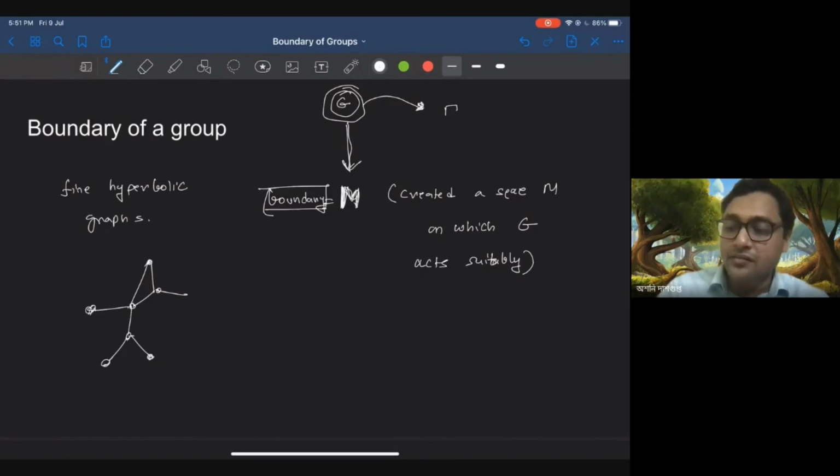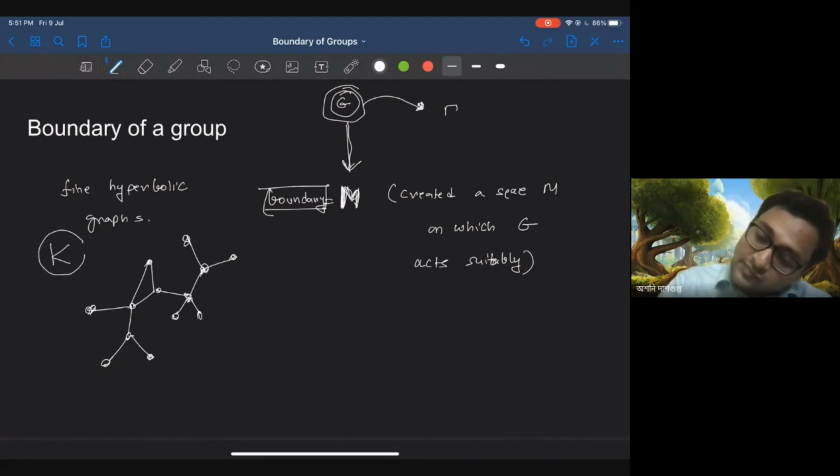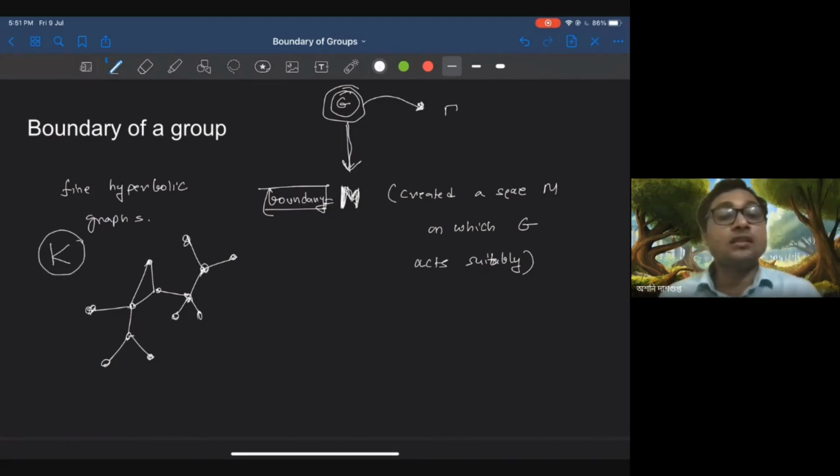It's probably an infinite graph. Let's call this graph K. And we already know by some method that G has an action on K.